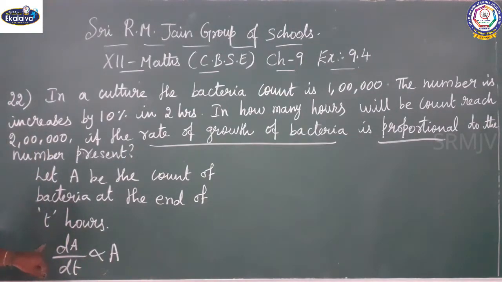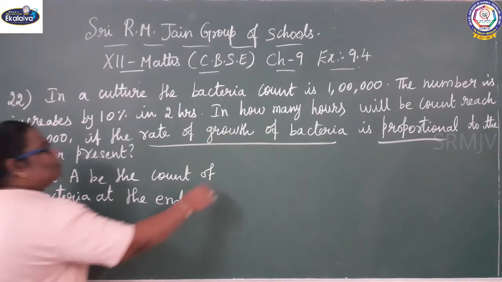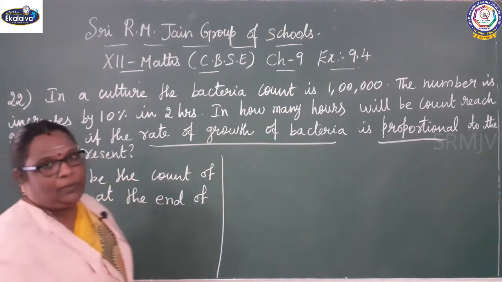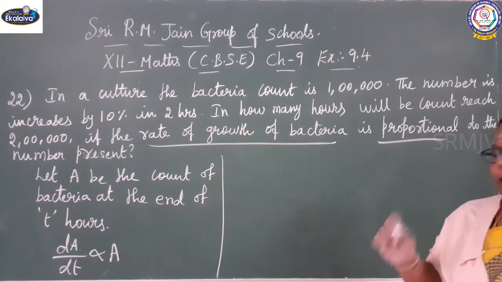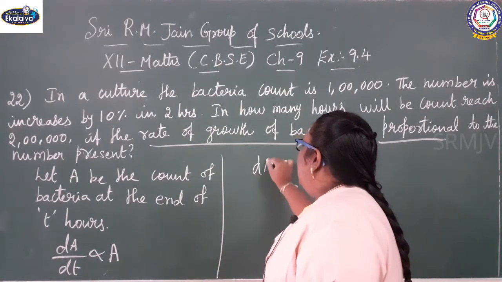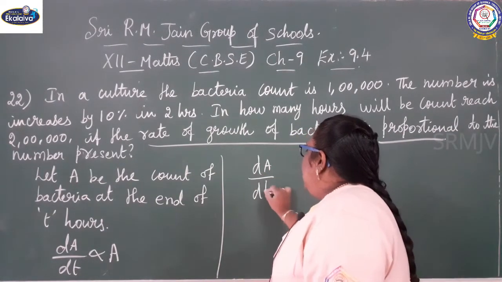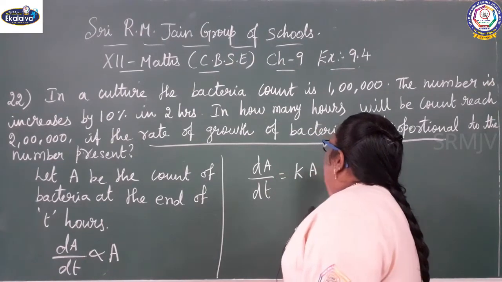The rate of change of bacteria according to the time taken is directly proportional to A. By removing this proportionality, we can introduce K: dA by dt equal to KA.